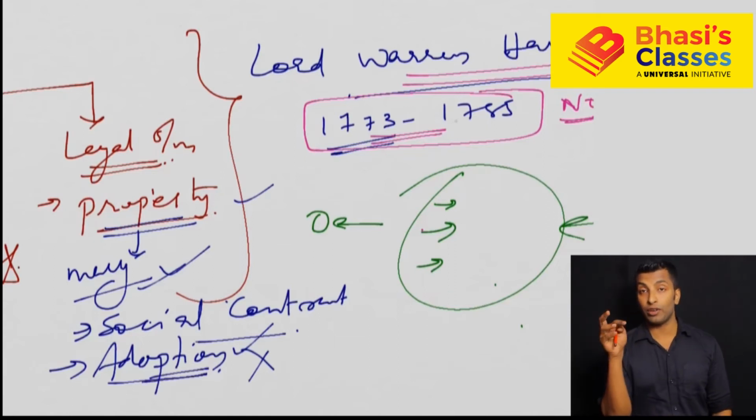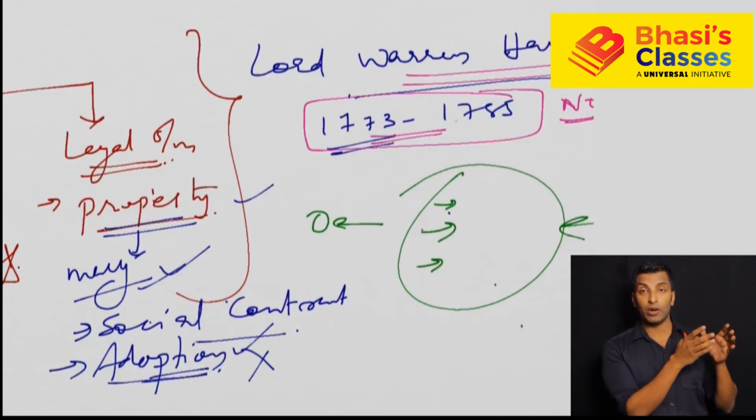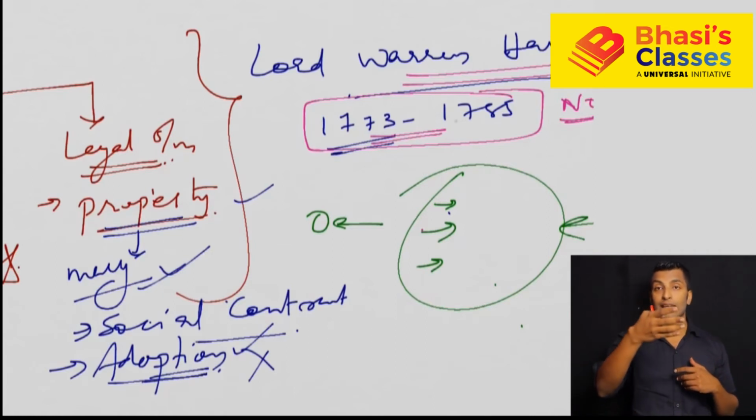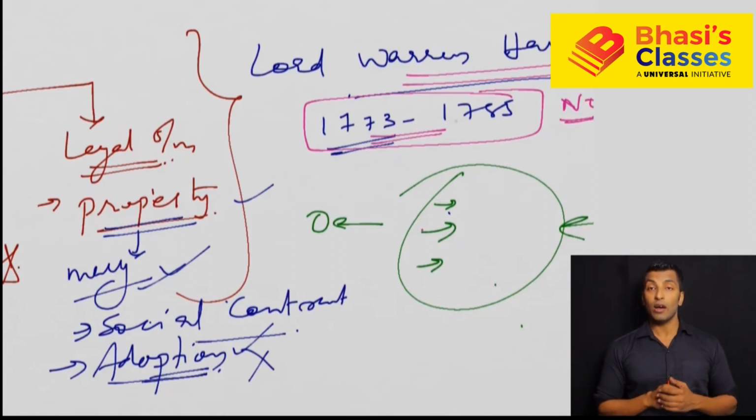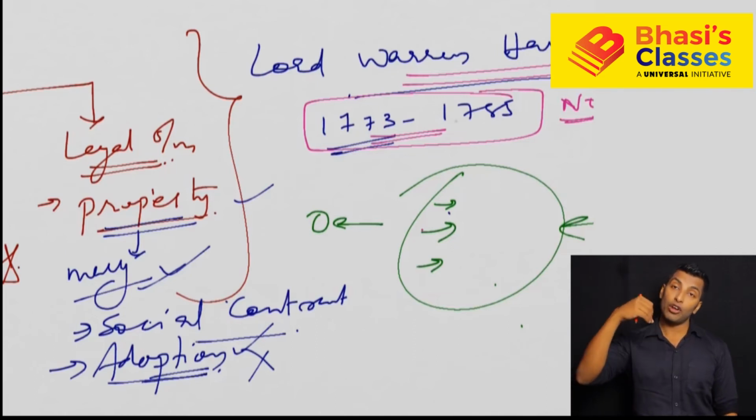The doctrine of lapse was applicable only to one category of states, those created under the British Charter. You can see three different categories of states. First, the states which were either part of the Mughals or Marathas or were paying tax to them. Second, the states which were not part of the Mughals and Marathas but were paying tax. Third, the completely independent states that were not paying tax.